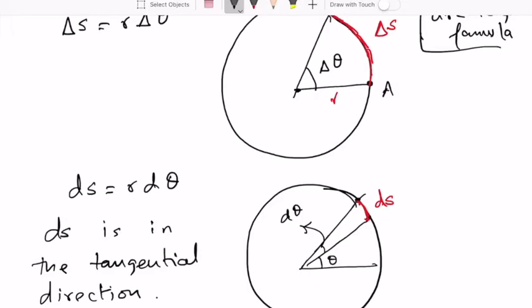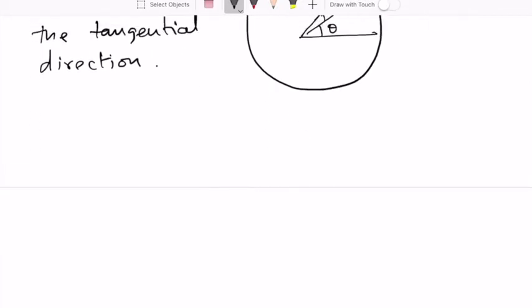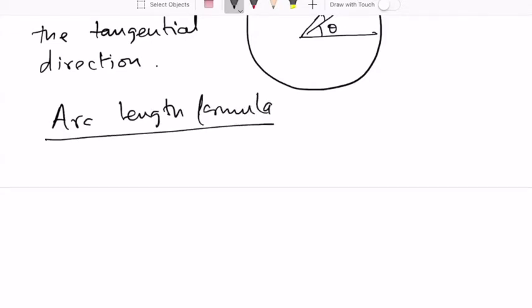All right, now I'll talk a little bit about the arc length formula in case some of you might not be familiar with it or might have forgotten it. So this is a little aside on the arc length formula. So we say that S, the arc length, is equal to r theta.